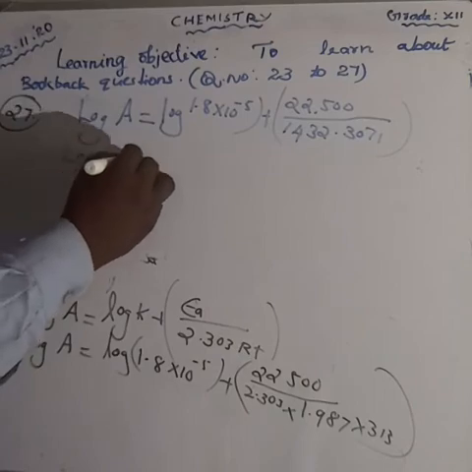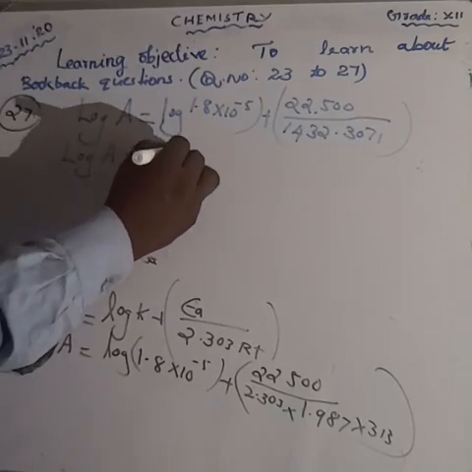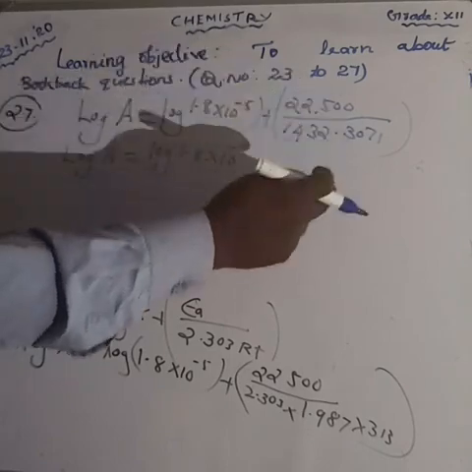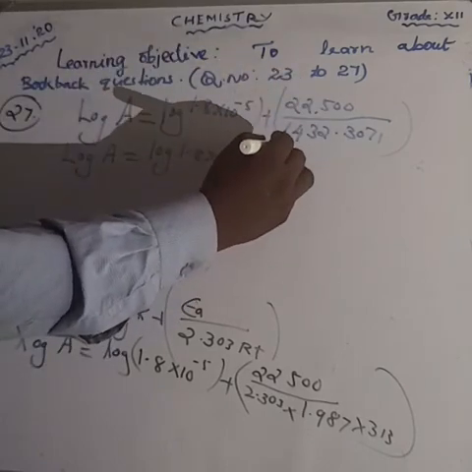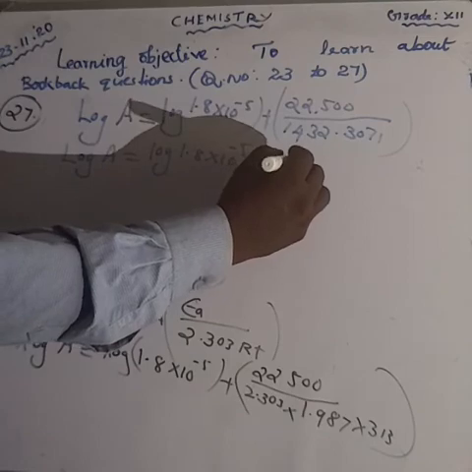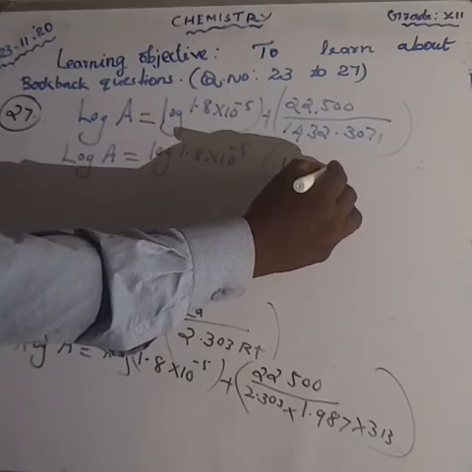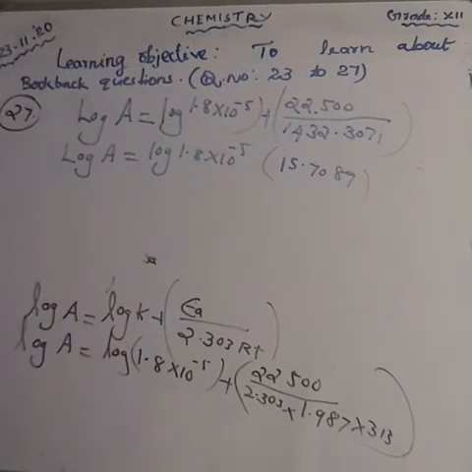Log A equal to log 1.8 into 10 raised to minus 5 plus the quotient. Dividing, we get the answer 5.7089 approximately.